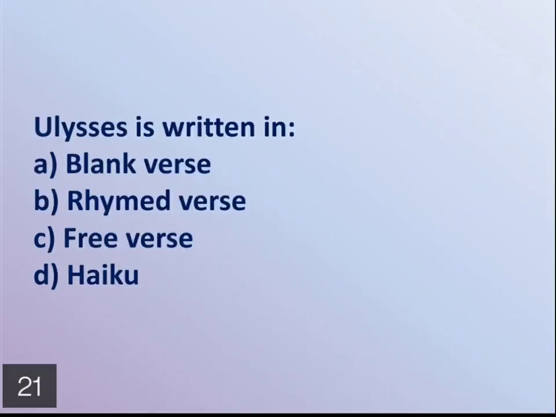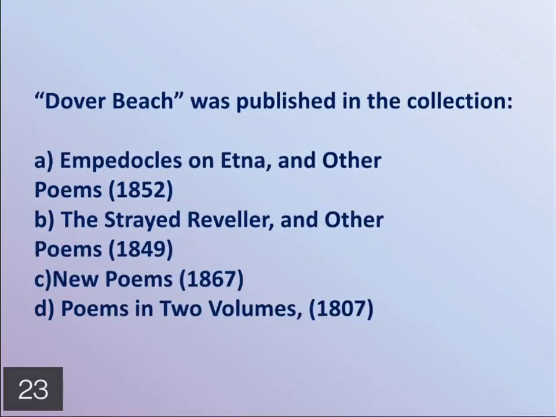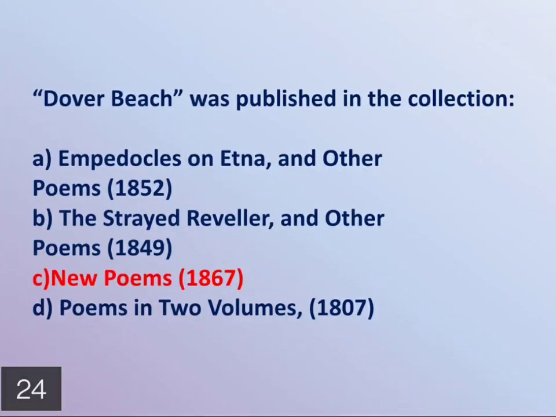Ulysses is written in what form? The options are blank verse, rhyme verse, free verse, haiku. It is written in A, blank verse. Dover Beach was published in the collection Empedocles on Etna and Other Poems, The Strayed Reveller and Other Poems, New Poems, Poems in 2 volumes. So it was published in a collection titled New Poems, option C.